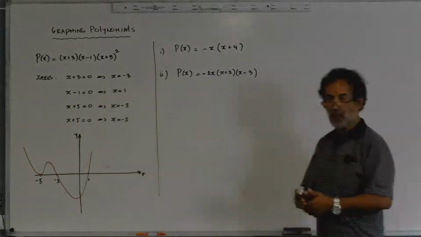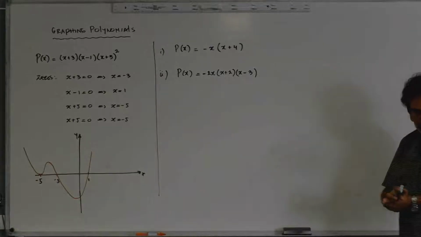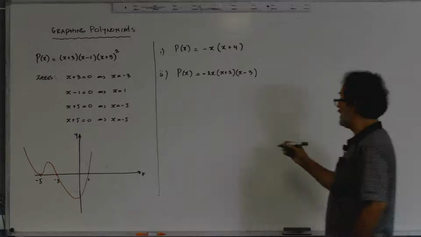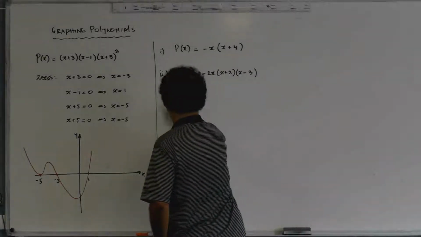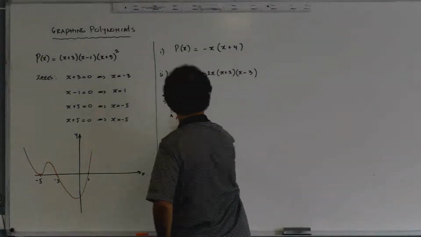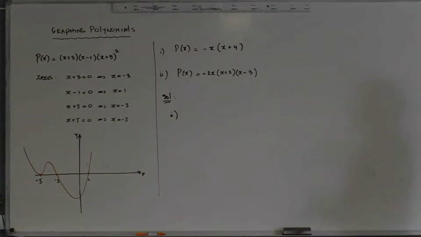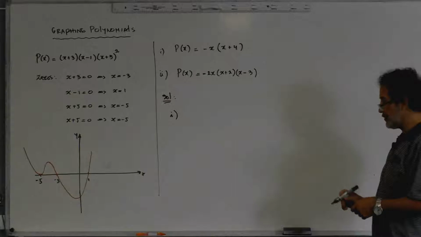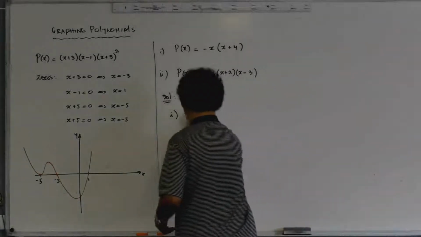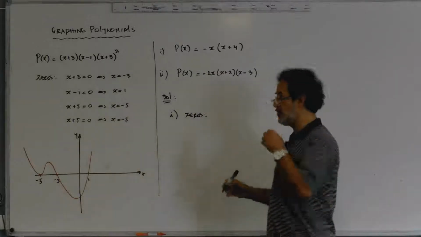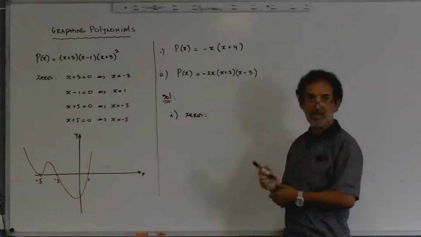Okay, let's do 2 more, and then you're going to start doing the exercises from the textbook. Okay, so first we're going to find the zeros. To find the zeros, we set each one of these factors equal to 0.